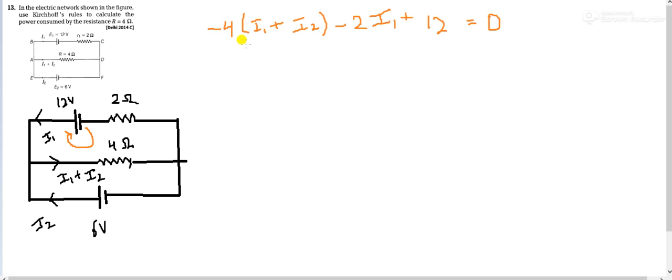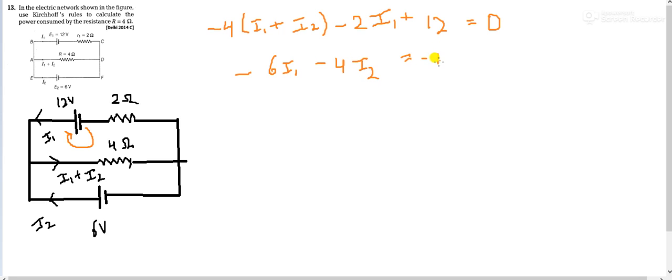Now if you simplify it, minus 4 I1 minus 2 I1 gives you minus 6 I1, minus 6 I1 minus 4 I2 equal to minus 12.